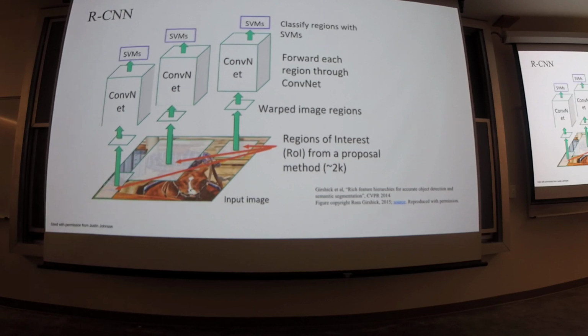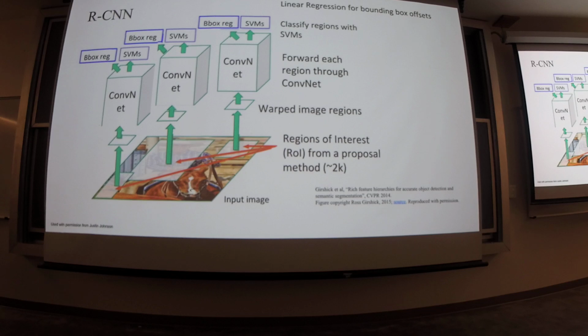Then, for some reason, I really have no idea why this was done, you did that first, and then in the second step you took the features that came out of that and trained an SVM on those features to classify what was in that region.